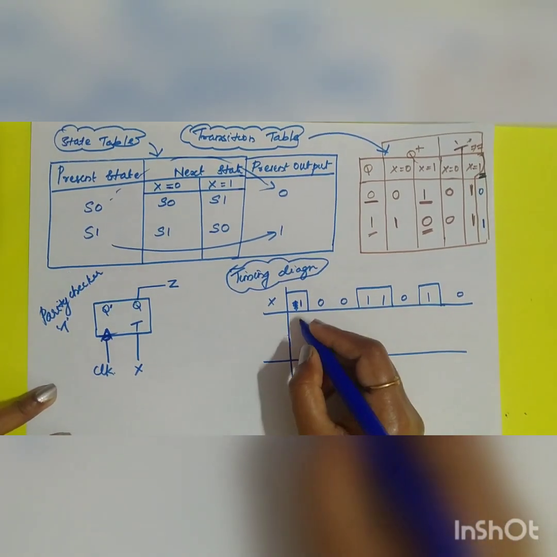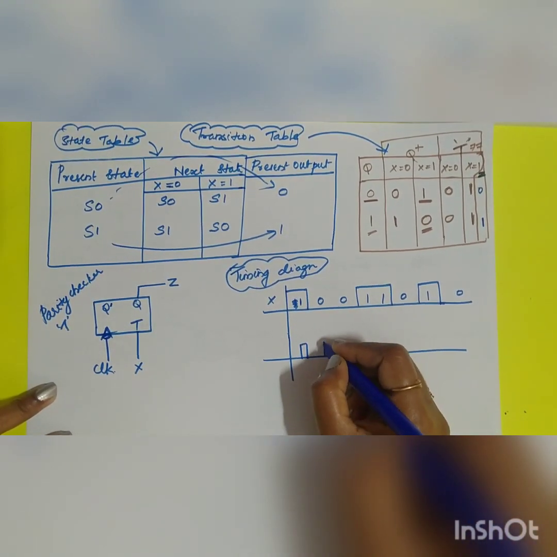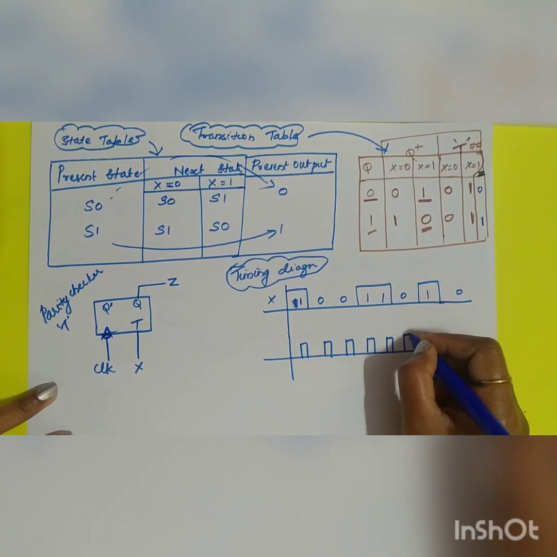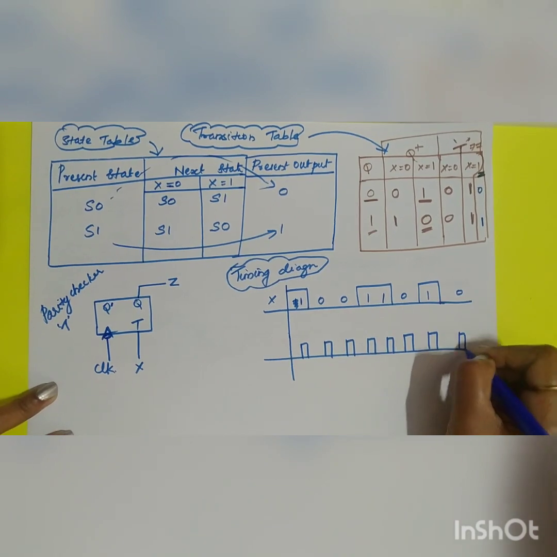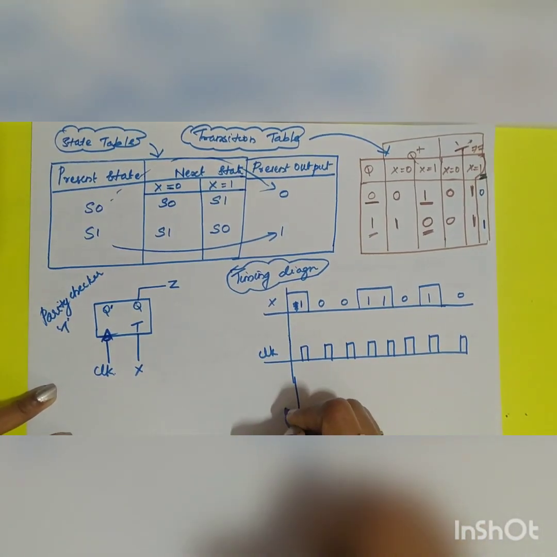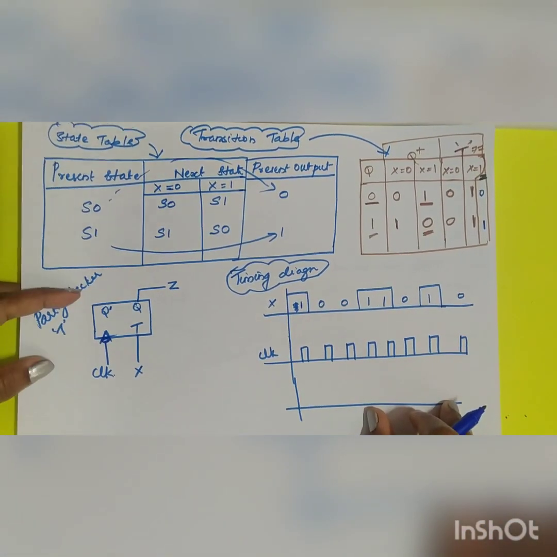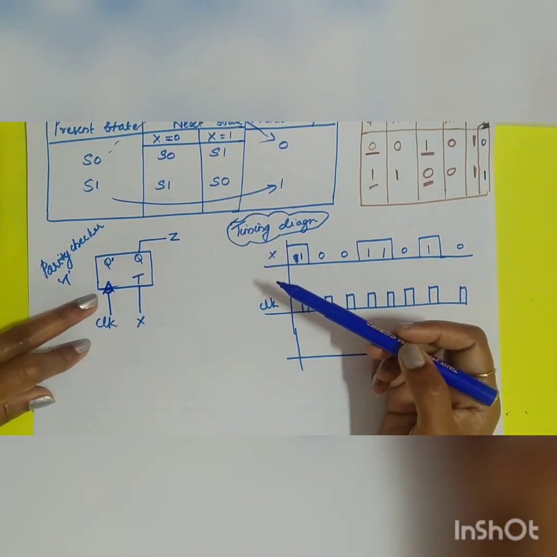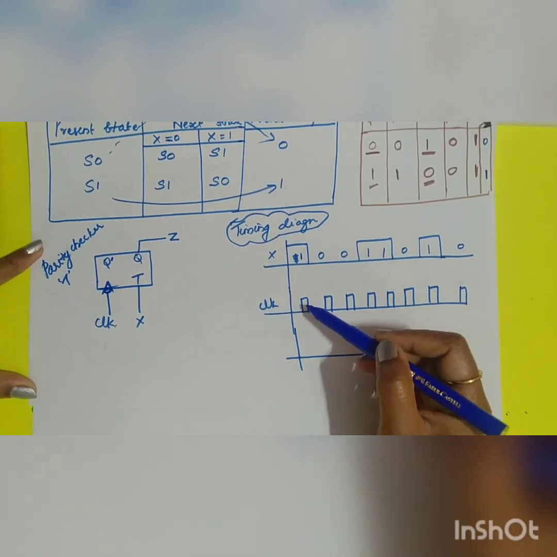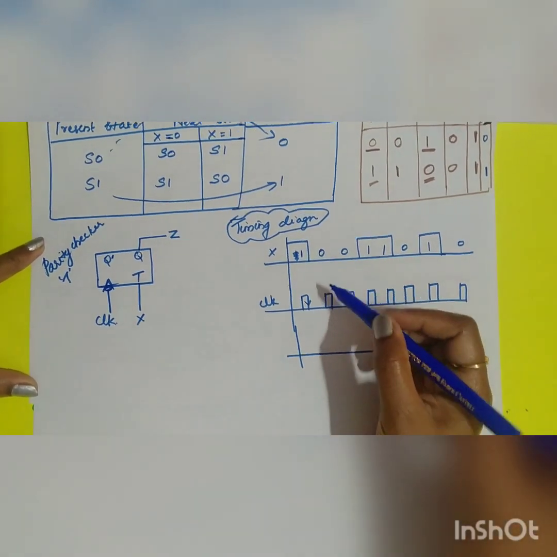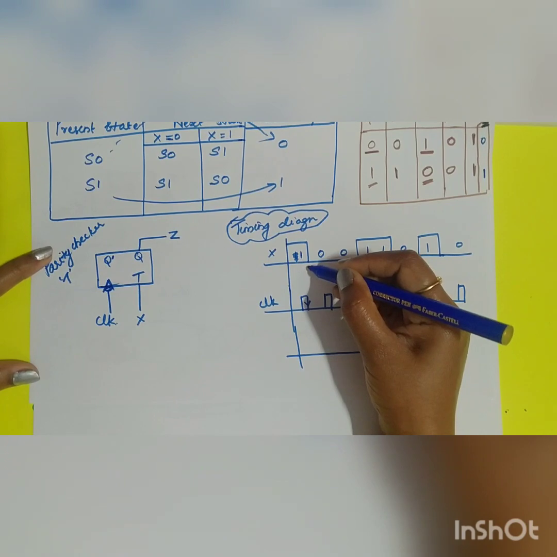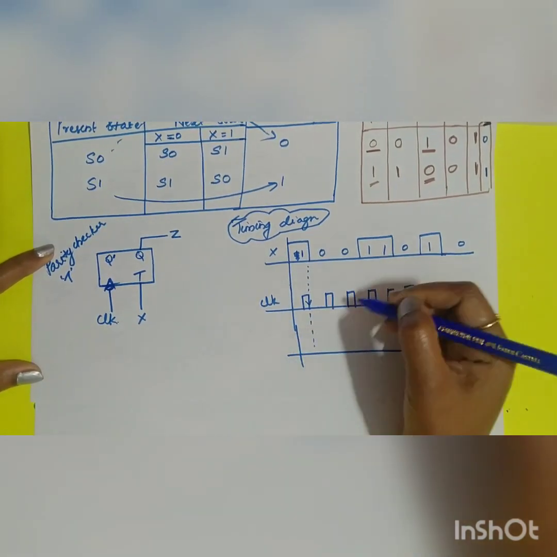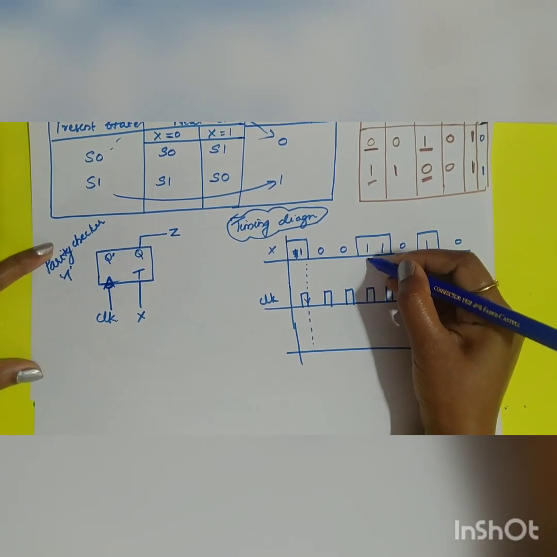Now depending on your clock, here you will be having your clock signal. So if this is your clock signal, what is going to be your output? The clock here is negative triggered, right? So negative edge. Whenever x is equal to 1, you will be having a change in the state.